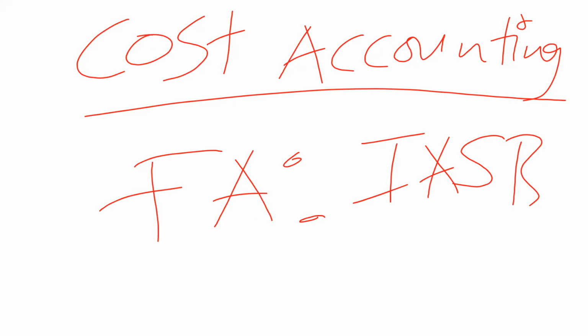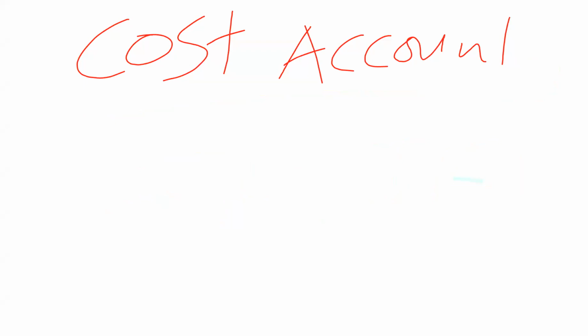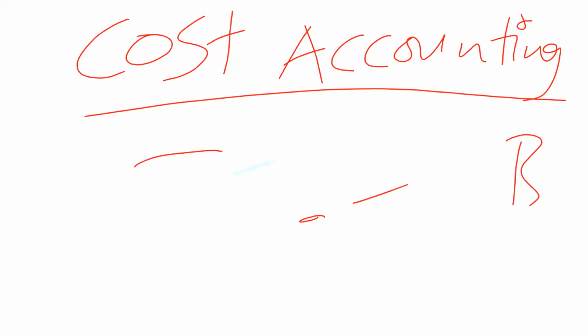It should interest you to learn that cost accounting, instead of dealing with external reporting, deals with internal reporting. Most of the time people also call this management accounting. It is used for management purposes.